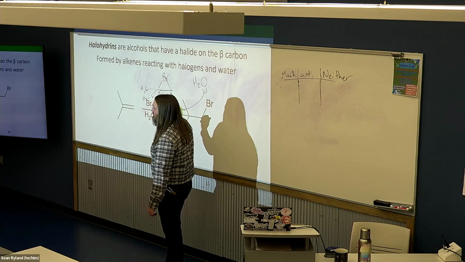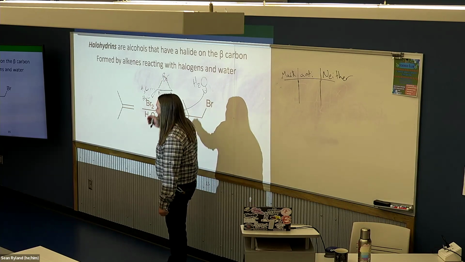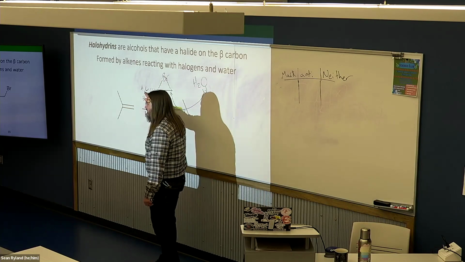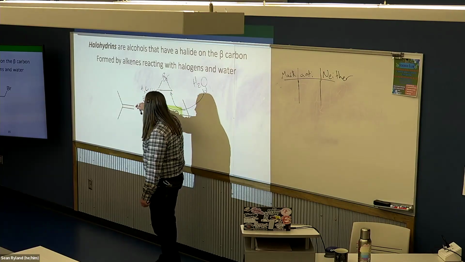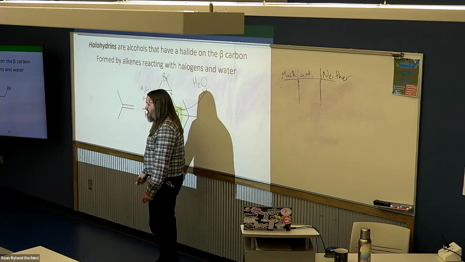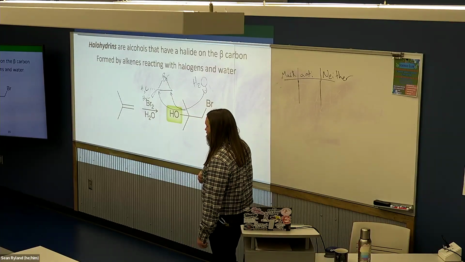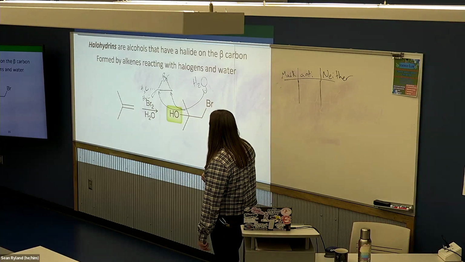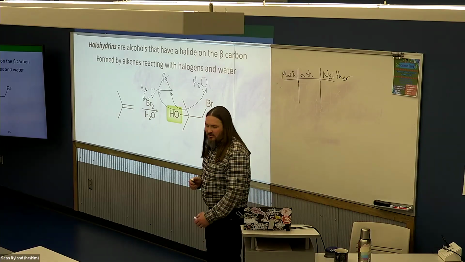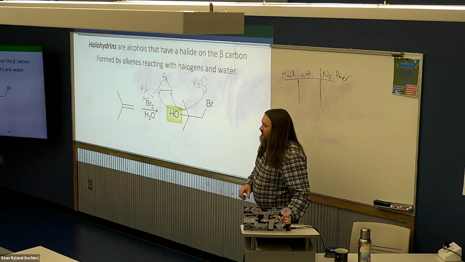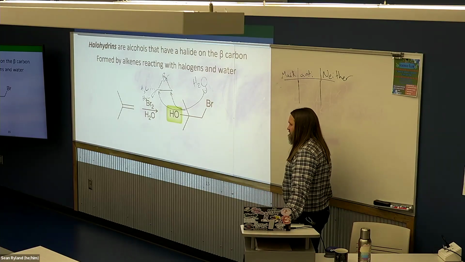You could call this one Markovnikov because the second step is your oxygen attaches to the more substituted carbon. Because the mechanism looks a lot like oxymercuration, just without mercury.